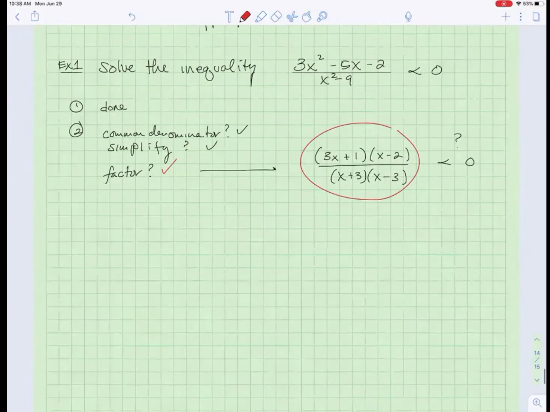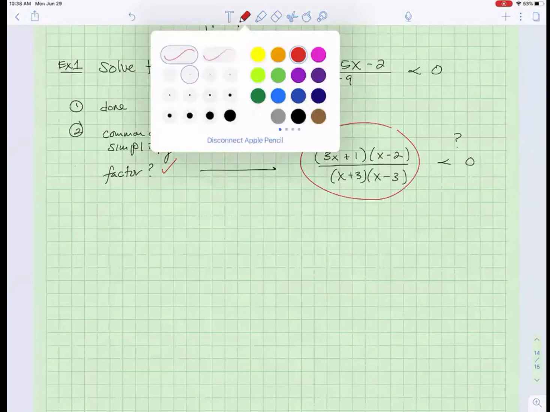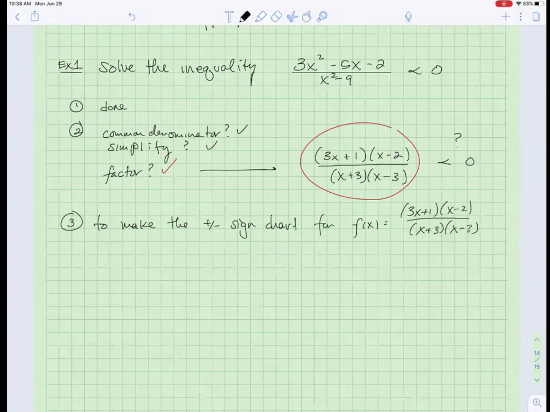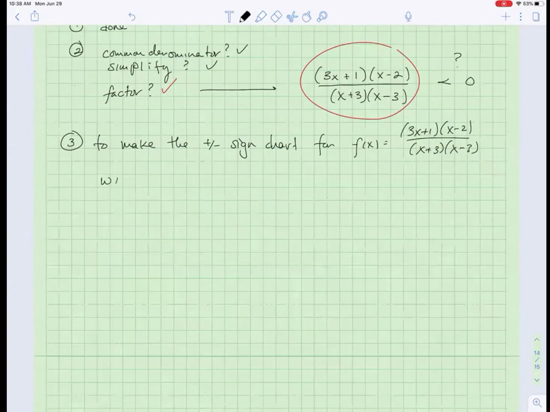So now we're going to do step 3. We're going to make the plus minus sign chart. So how do we do that? To make the plus minus sign chart for f of x equal to 3x plus 1, x minus 2, over x plus 3, x minus 3, we need the critical values.